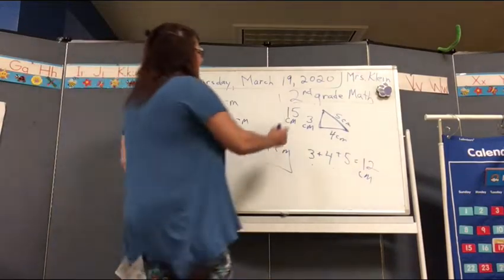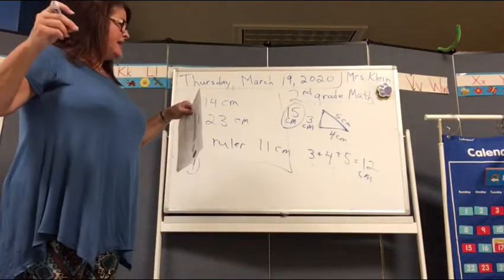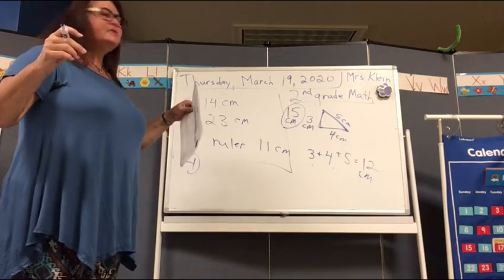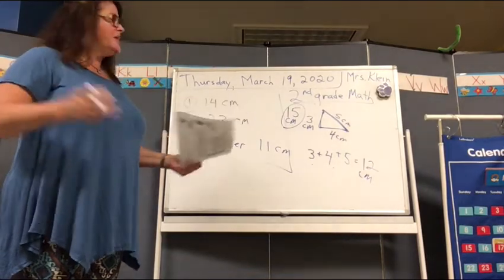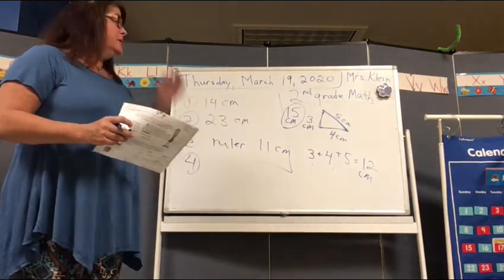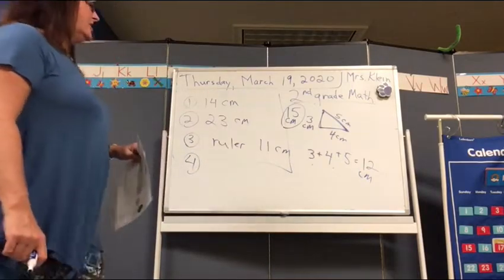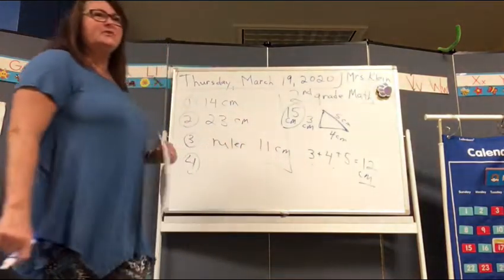So if she has 15 centimeters on her string, can she measure an object that is 12 centimeters in length? Yes, she can. She has enough string to measure this object because the object is 12 centimeters and she has 15 centimeters.